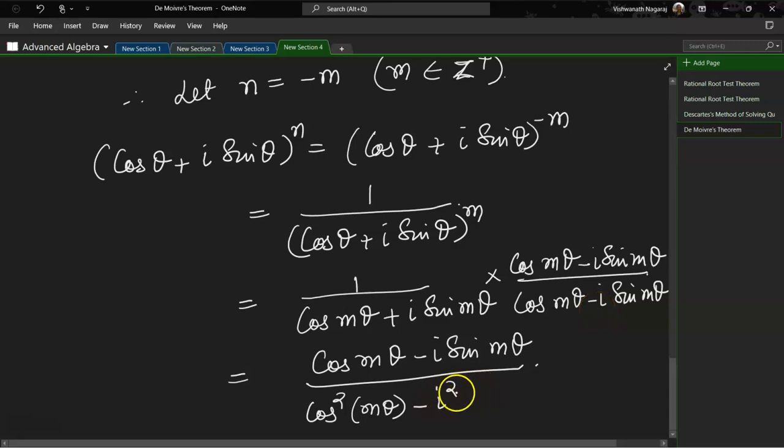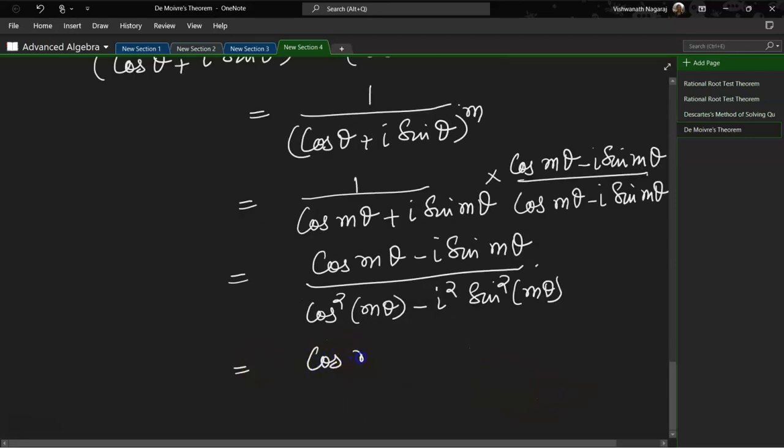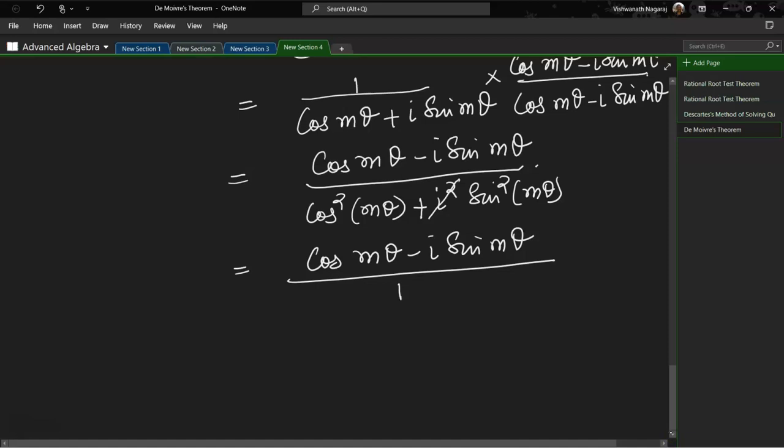So minus i square sin square m theta becomes plus. Cos square m theta plus sin square m theta is going to be 1, so I don't even have to mention it.